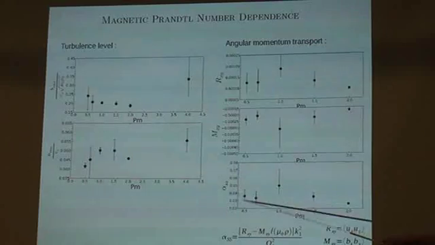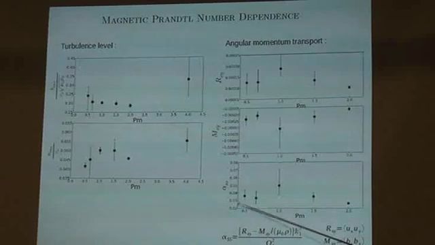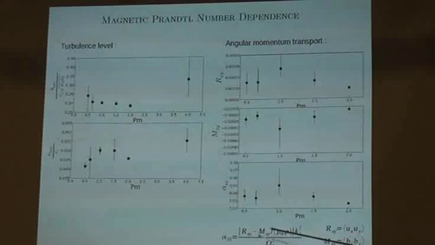Here also we see that there is no strong dependence. I've used this definition, which is not really the one that is usually used, but it was the one that Petri used in his paper, so I wanted to compare the values. What is a little bit weird is that I found something around 0.03 and he found something around 0.3.